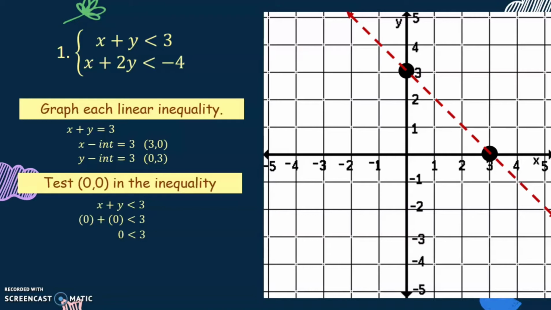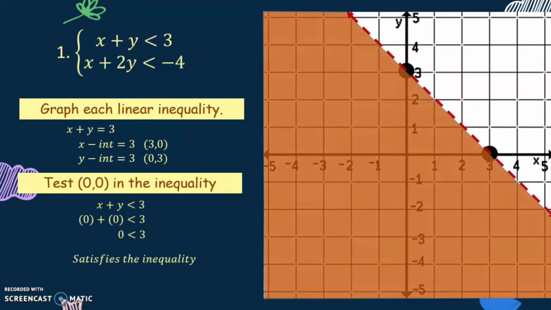Mas mababa ba si 0 kaysa sa 3? That's true. So it means (0, 0) satisfies the inequality. So if this is the test point and it satisfies the inequality, then we have to shade the side of the boundary line that contains the test point.